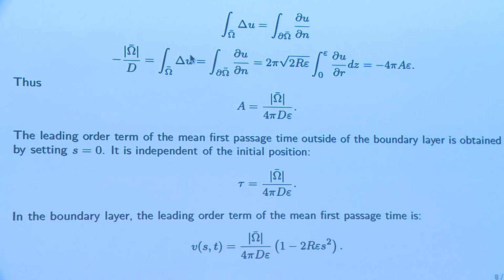So to get tau, the mean first passage time, we just put the value of A in V of s t and then consider when S is equal to 0, when we are far from the hole. S equals 1 at the hole, S equals 0 far from the hole, and we get the mean first passage time for our Brownian particle to the small hole. And in the boundary layer, we also have the leading order term of the mean first passage time, and we know as well the way it behaves.